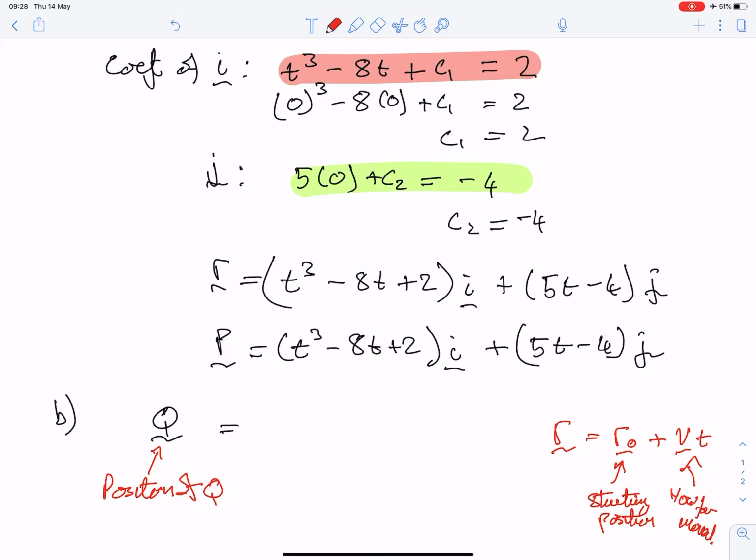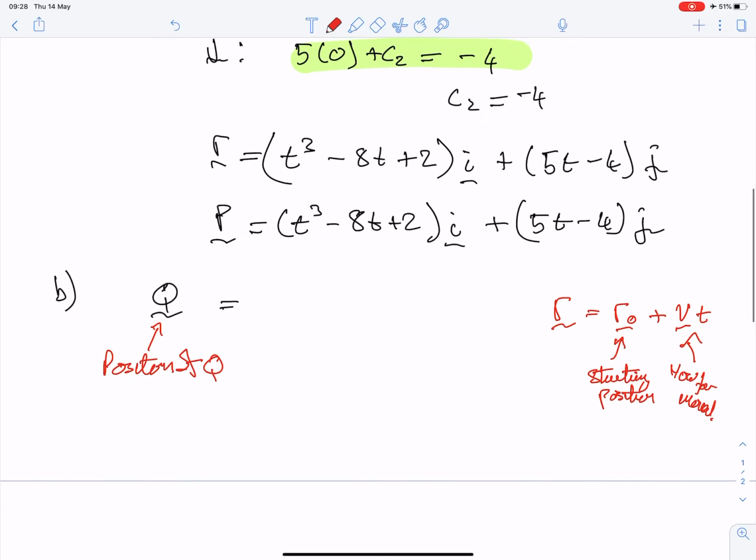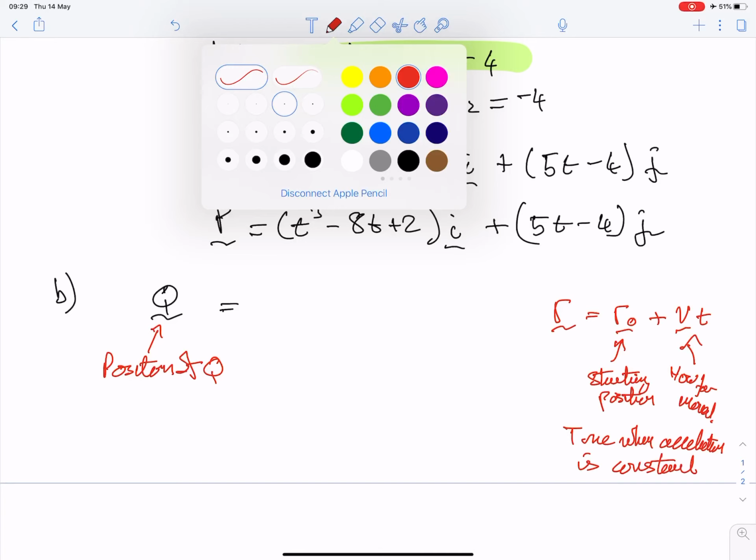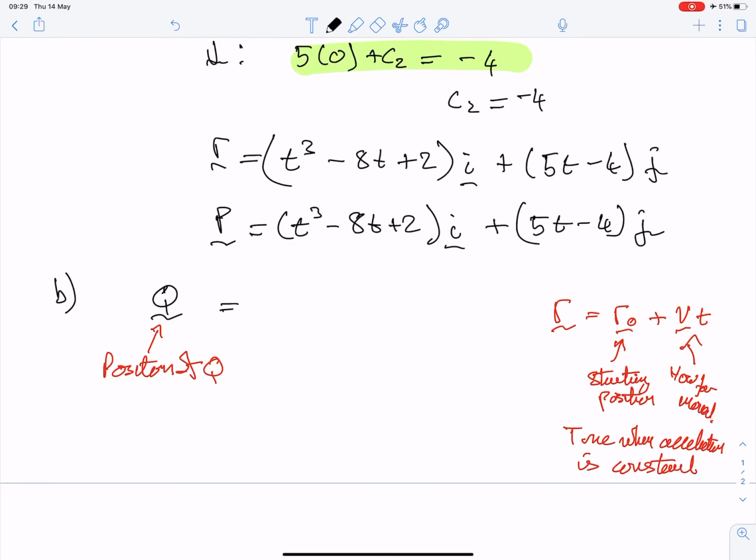But given something in particular, for that equation to be true, there's something else that's got to be true. It's true when acceleration is constant. So here for Q, let's just check the question.